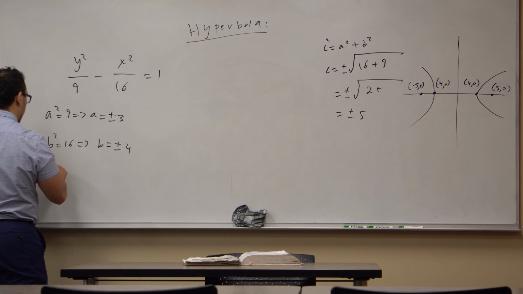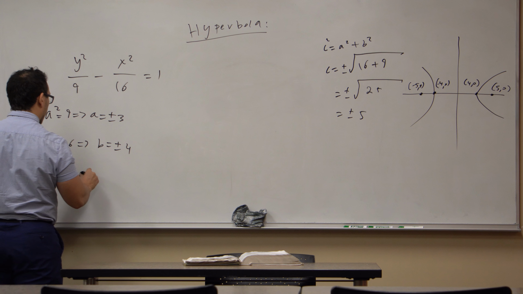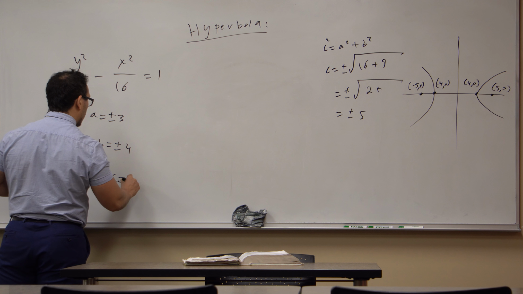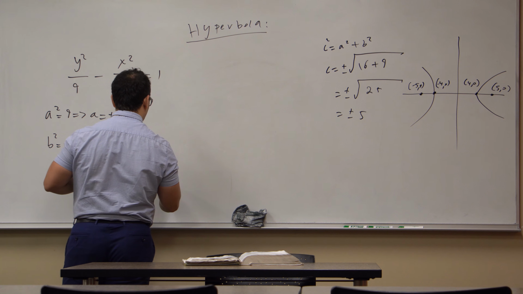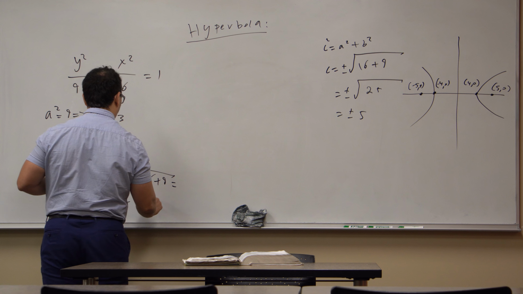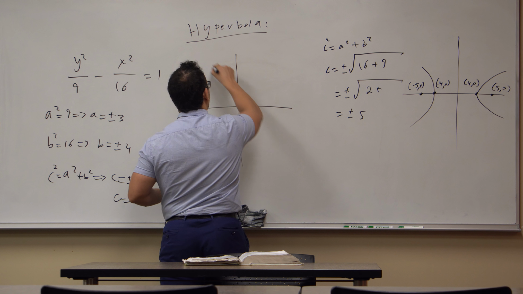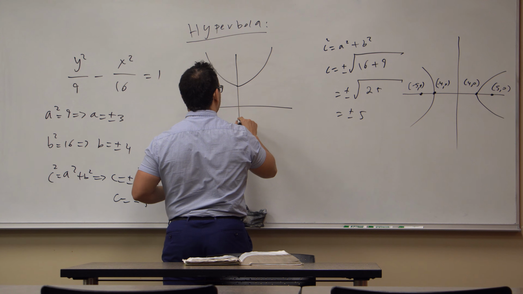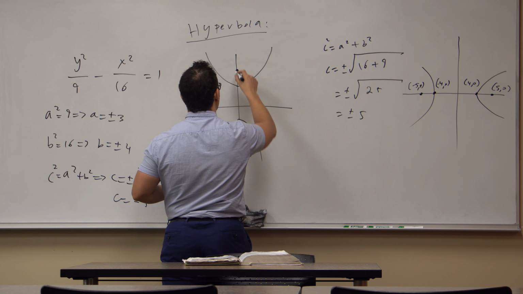Notice that c squared is equal to a squared plus b squared, which implies that c is equal to plus or minus the square root of 16 plus 9, which, as a matter of fact, we found last time to be plus or minus 5. Okay, so here we're going to get a hyperbola opening about the y-axis, with a focus here and a focus here.